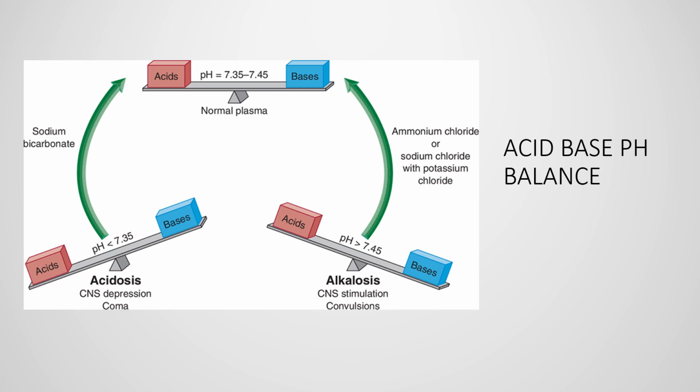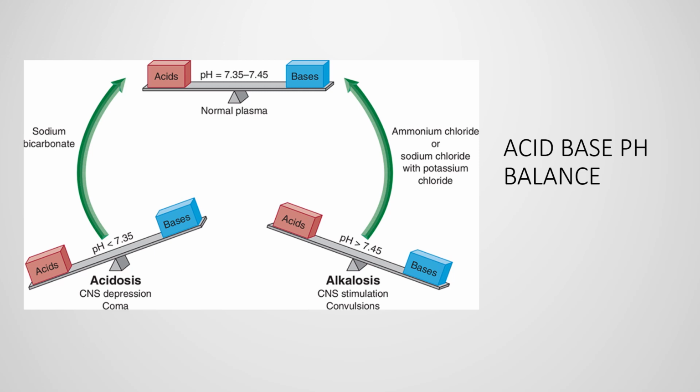That balance is constantly being monitored and adjusted in the bloodstream. And why do we need a pH between 7.35 and 7.45? Because all your enzyme processes, all your cellular metabolism is reliant on a very well-controlled pH in the bloodstream.